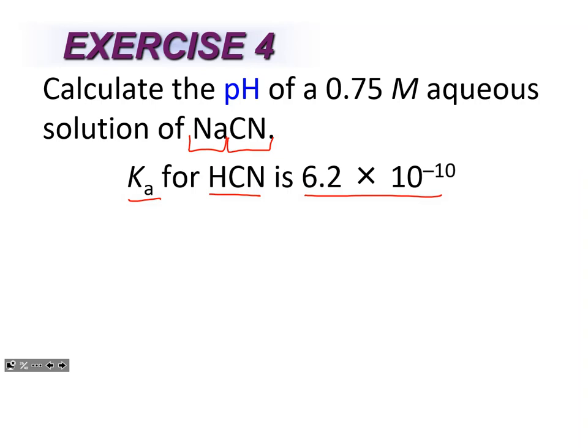Neutral, acidic, or basic? Sodium is going to be the cation of sodium hydroxide, which happens to be a strong base. So what type of cation is sodium going to be?